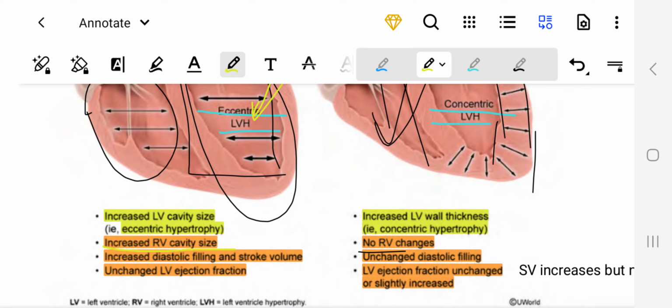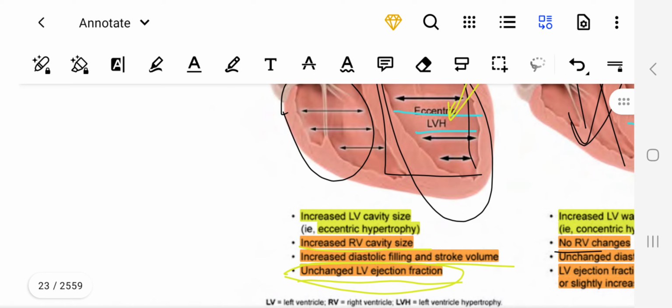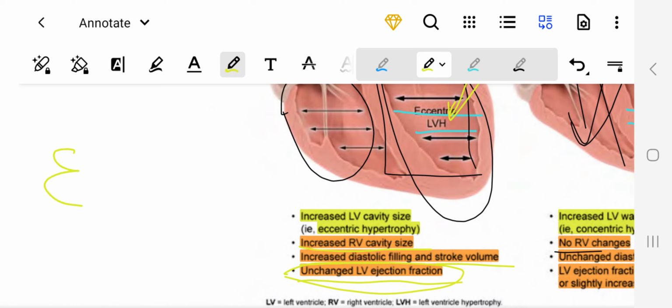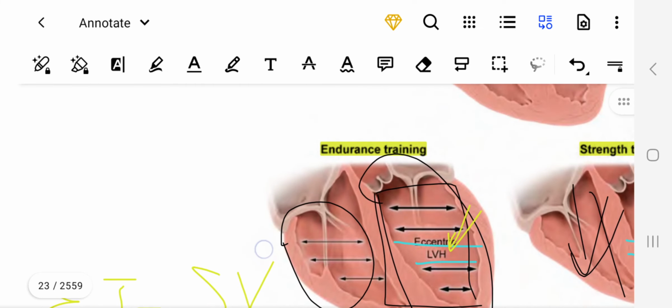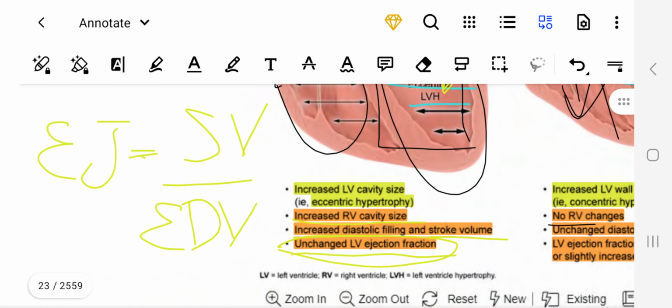Okay, so they are saying increased right ventricular cavity size. I talked about this. Then diastolic filling will be increased, stroke volume will be increased, but there will be no change in the left ventricular ejection fraction, right? Why is this important? Because we know that ejection fraction equals stroke volume divided by end diastolic volume, right? In endurance training, both are increased.